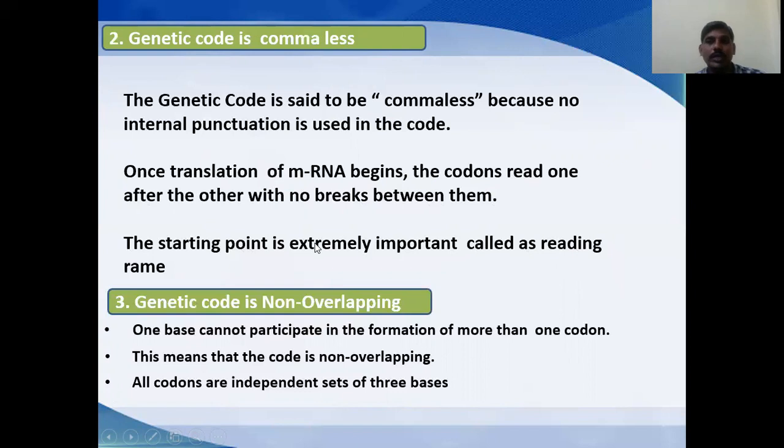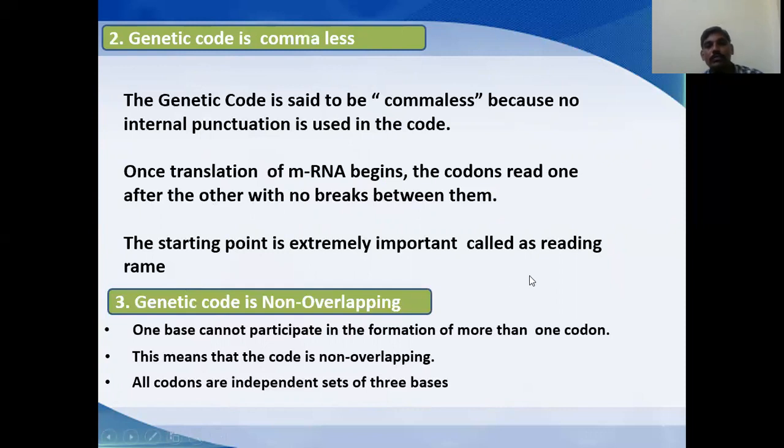There are no special letters or gaps between the codons. Once reading starts, it continues up to the termination codon. So the genetic code is commaless, meaning there are no punctuation marks to identify a particular codon.